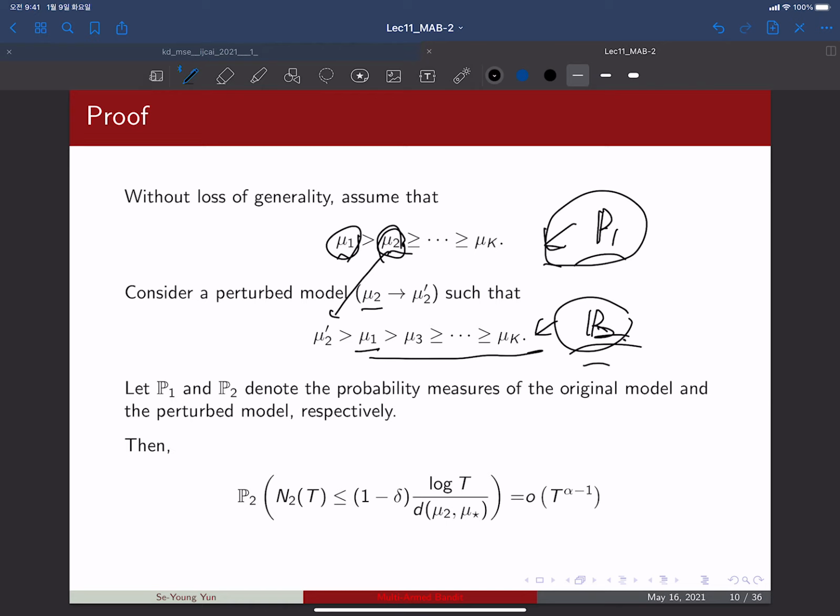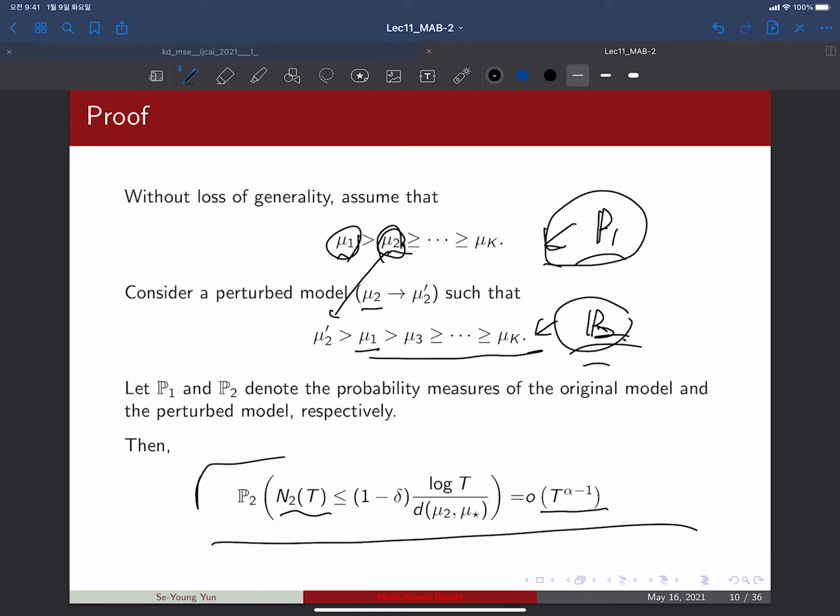Let P1 and P2 denote the probability measures of the original model and the perturbed model. On the P2 model, I want this: the number of plays of the second arm is less than (1 minus delta) times log t over KL divergence between mu2 and mu star is small o of t to the alpha minus 1.